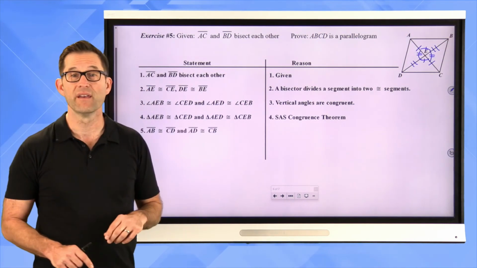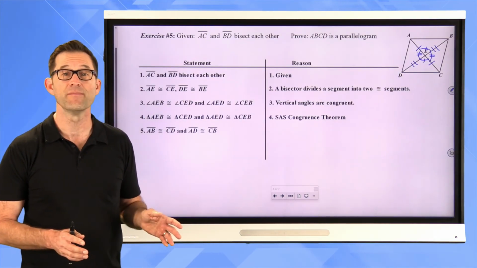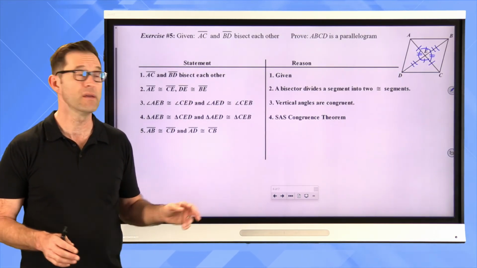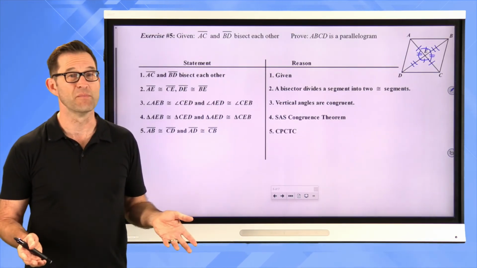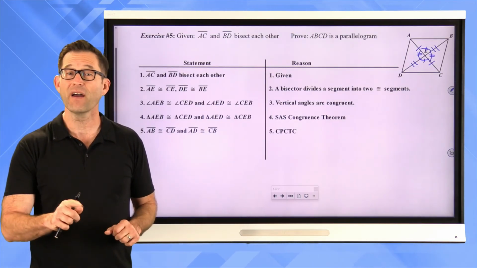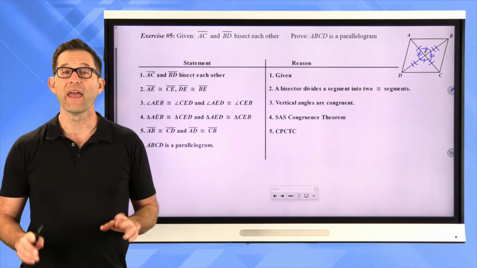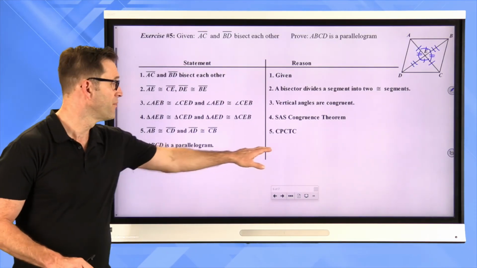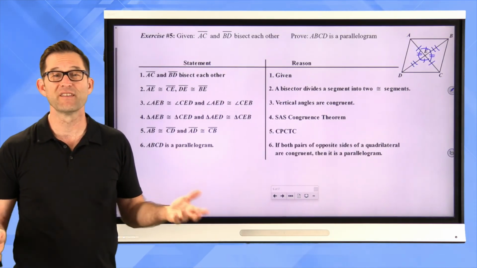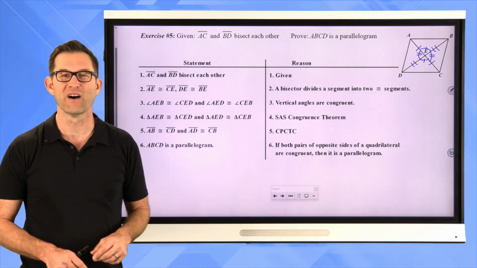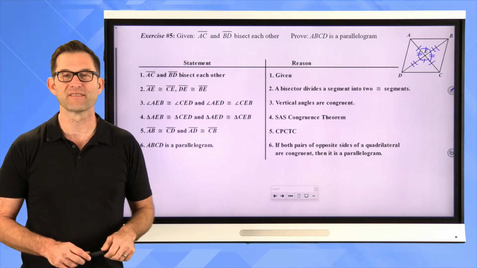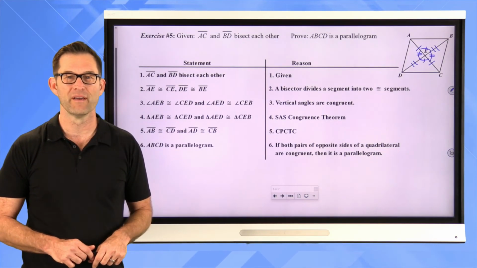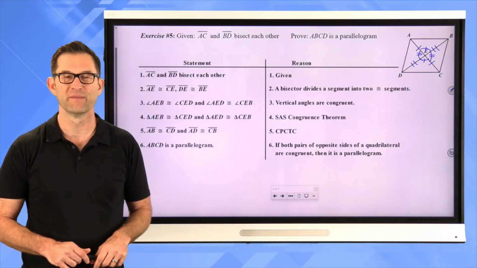Now we can say that AB is congruent to CD, and AD is congruent to CB, and that is our favorite, CPCTC. And finally, we can say that ABCD is a parallelogram. I wish you could just say sufficient condition set number 1, but that wouldn't get the job done. If both pairs of opposite sides of a quadrilateral are congruent, then it is a parallelogram.